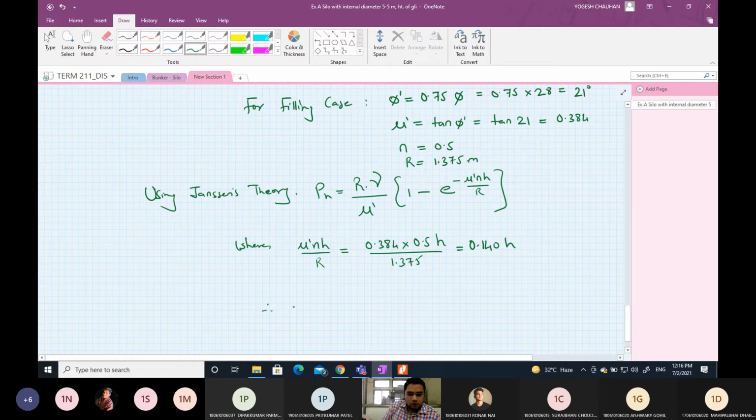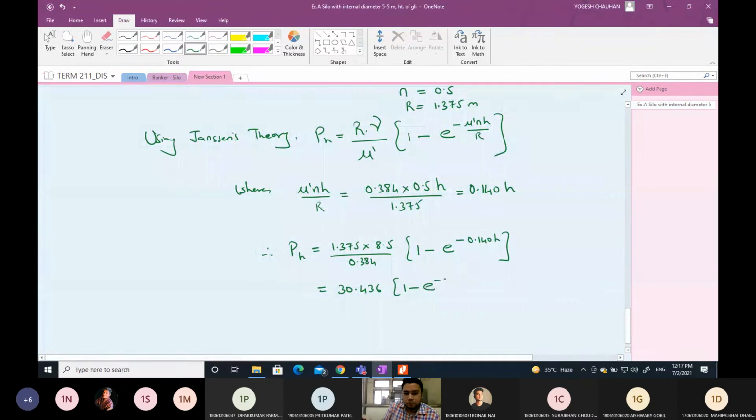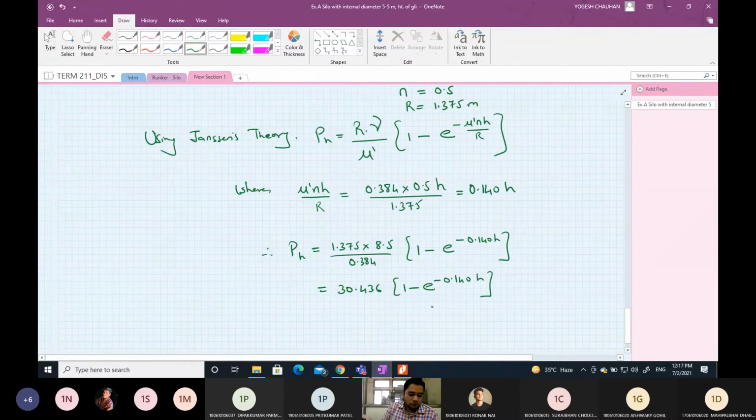So your horizontal pressure pH will be equal to R is 1.375, gamma is 8.5, divided by mu dash is 0.384, into 1 minus e raised to the power minus 0.140 H. That will be 30.436 multiplied by 1 minus e raised to the power minus 0.140 into H. Okay.